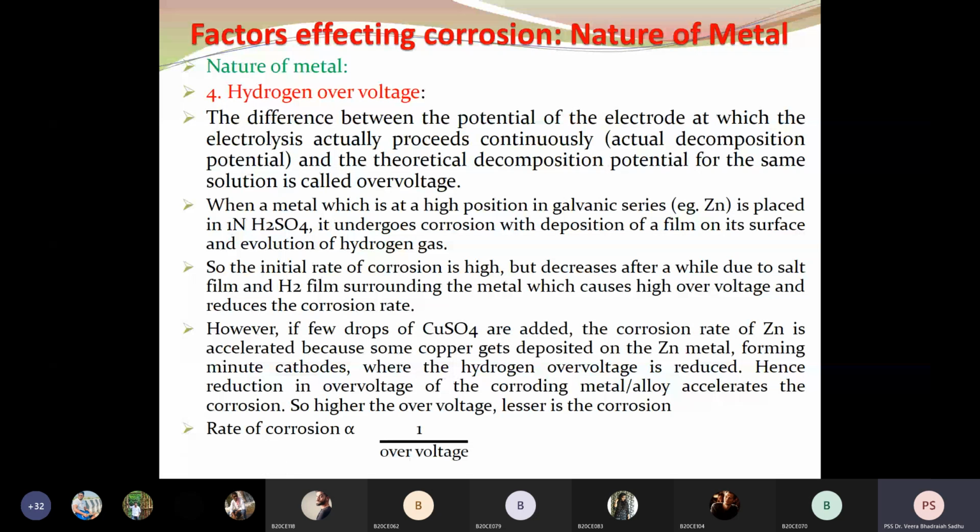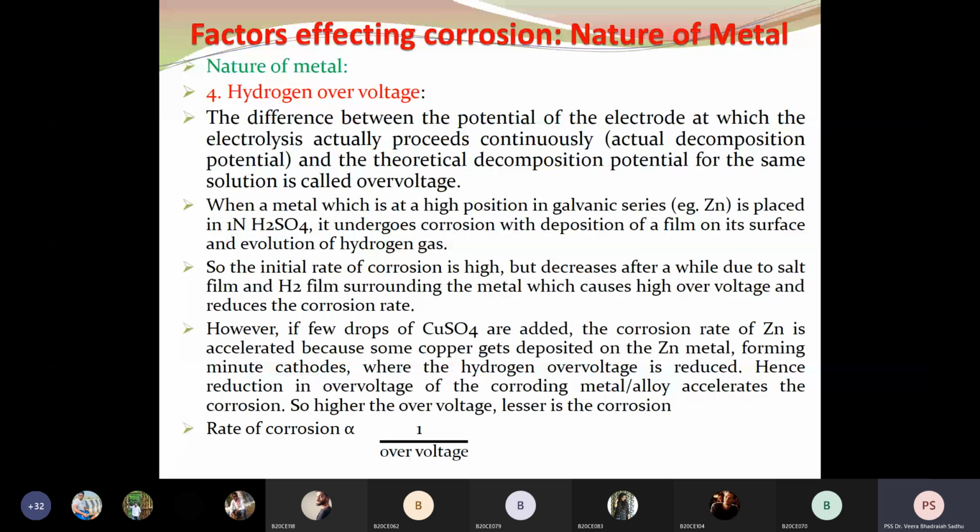So when you dip the zinc metal in one normal H2SO4 solution, there is a film formation on the surface of the zinc due to the reaction between the zinc metal and the electrolyte sulfuric acid, and there is oxidation.